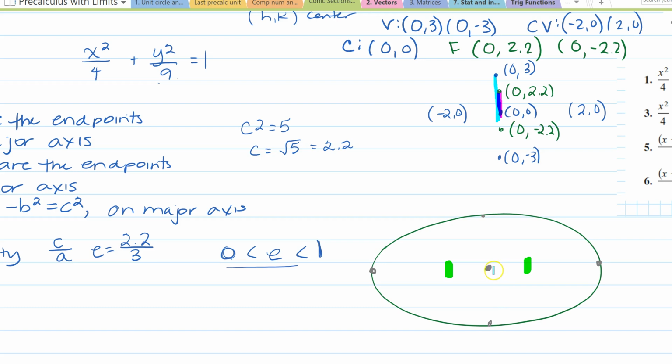The distance on the major axis from the center to an endpoint is your A. The distance from the center to the co-vertice right here, that is your B. And remember, the big number is A squared, this is B squared. And the distance from the center just to your foci, that is your C.